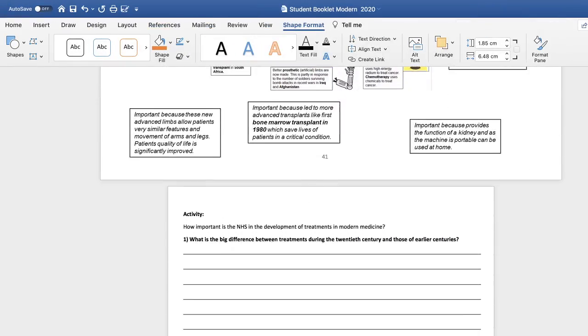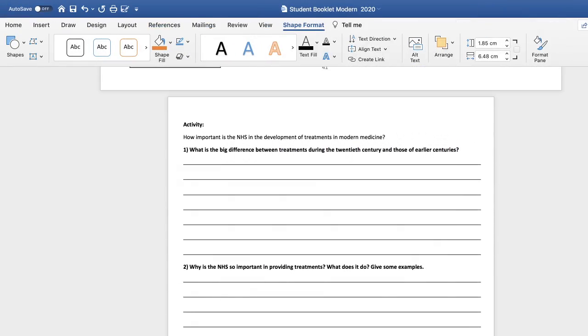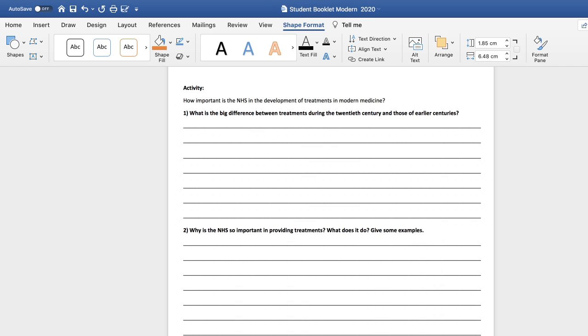And once you have finished that, there are 2 questions that you need to ask. And like I said, your homework is going to directly help you with these 2 questions. So the first question is, what is the big difference between treatments during the 20th century and those of earlier centuries? You should be able to see the common theme here is that there is a serious technological advancement.